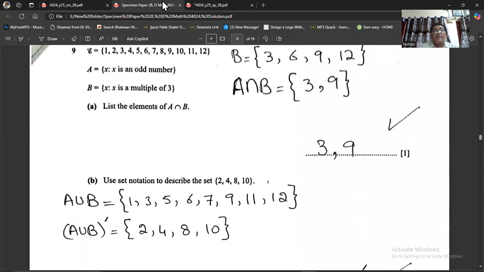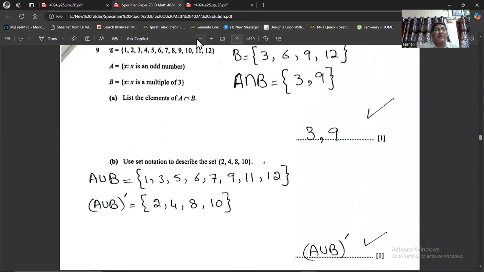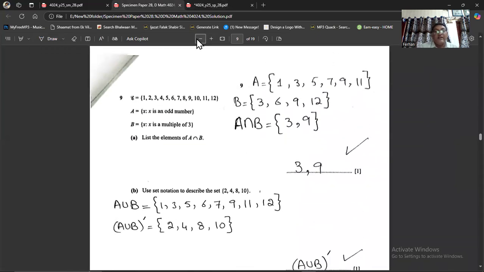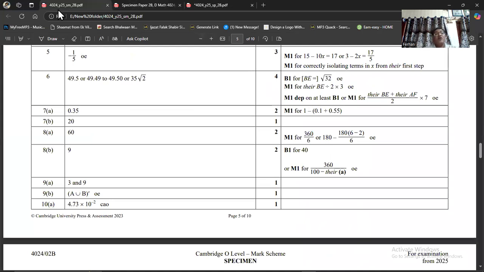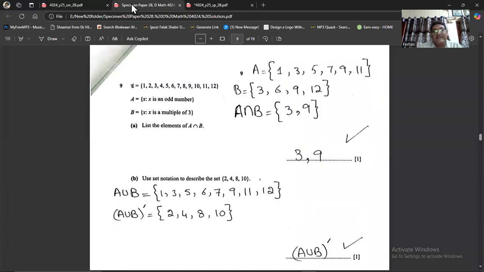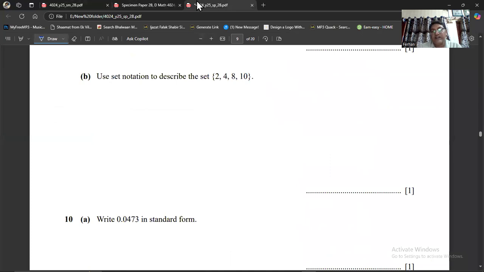And then I took the complement of A union B. So A union B complement is equal to the members which are in the universal set but are not in A union B. So those are 2, 4, 8, and 10. This is the set which they ask us to write the set notation for. So this is A union B whole complement. This is a little tricky question, the B part.